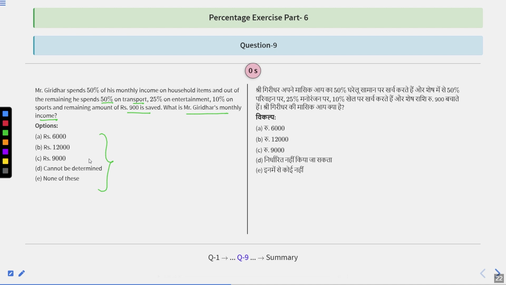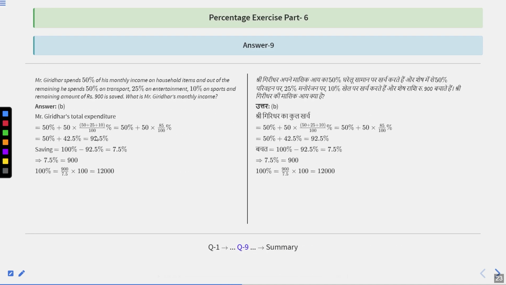Now time's up. Let's see the solution. Mr. Girdhar's total expenditure. First he spent 50% on household items, as given in the question. And of the remaining 50%, he spent 50% on transport, 25% on entertainment, and 10% on sports. So it will become 50% plus 50% multiplied by 85%, which is 42.5%.